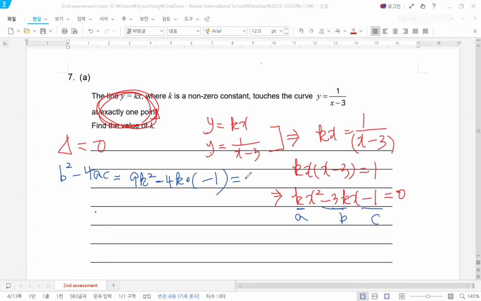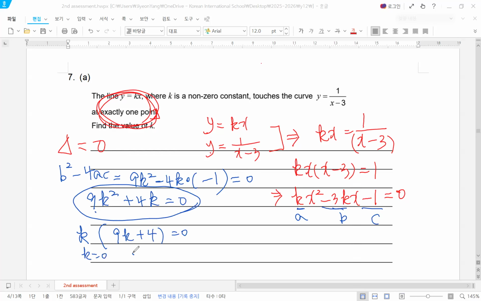Equals 0. Then students, 9k squared plus 4k equals 0. Guys, this is a quadratic equation, right? So you can solve this quadratic equation by using your calculator if you don't know how to solve it. Otherwise, you can simply factorize k(9k plus 4) equals 0. Therefore, either k equals 0 or k equals negative 4 over 9 to make this bracket 0.